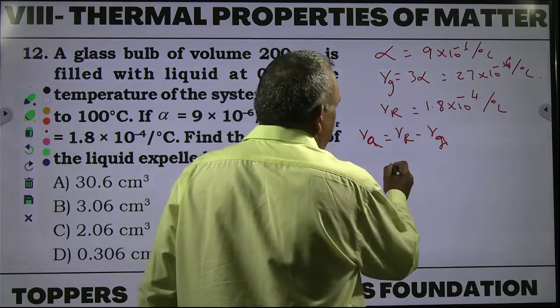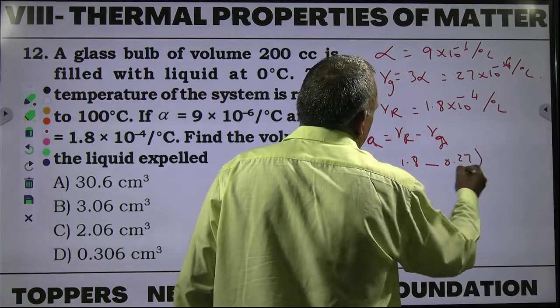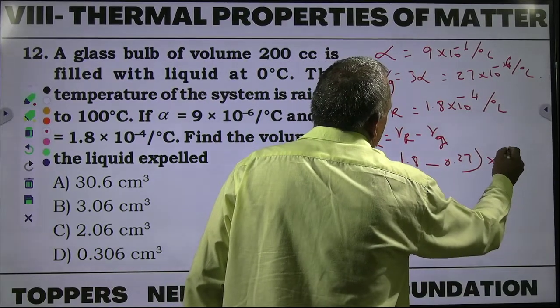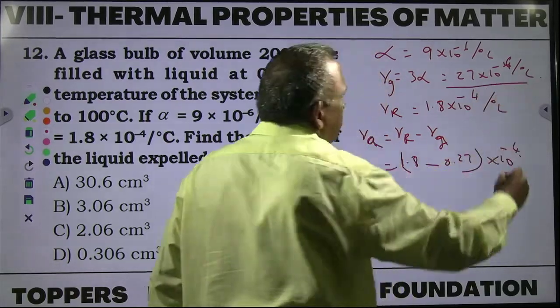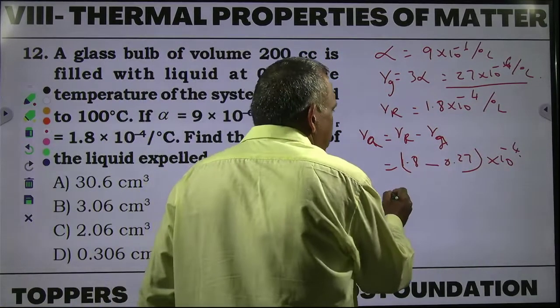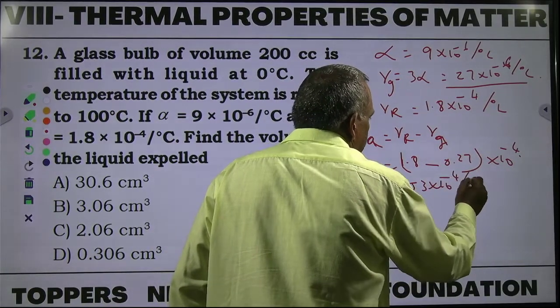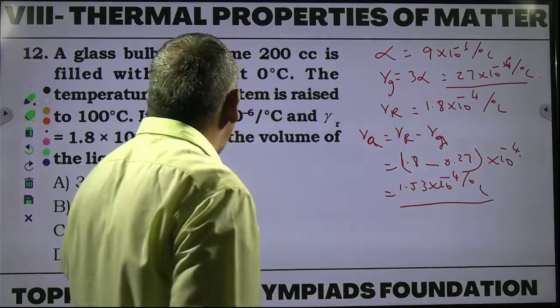So real expansion is 1.8 minus 0.27, into 10 power minus 4, because 27 into 10 power minus 6 can be converted. So 1.8 minus 0.27 becomes 1.53 into 10 power minus 4 per degree centigrade. So this is the apparent expansion.